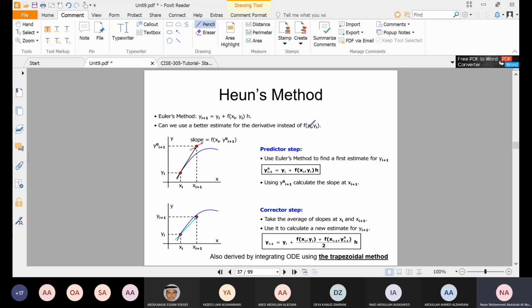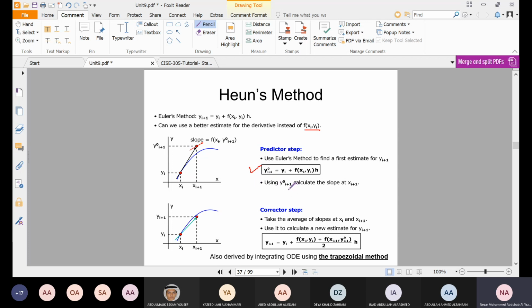So instead of computing the slope at one point for the entire interval, here we can use two steps. The first one we call the predictor step. The predictor step is just the Euler method.